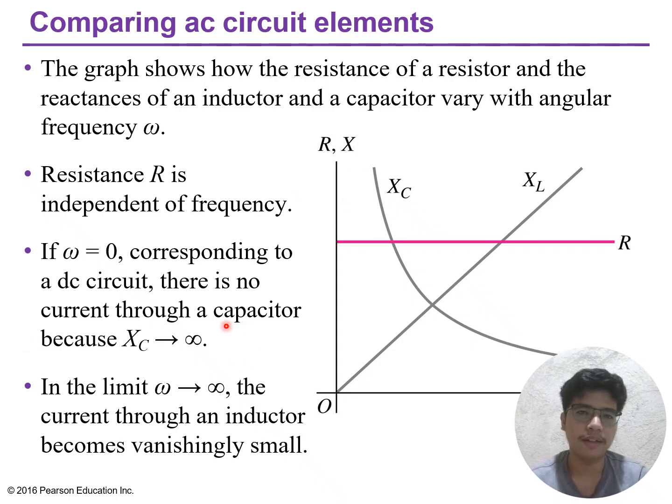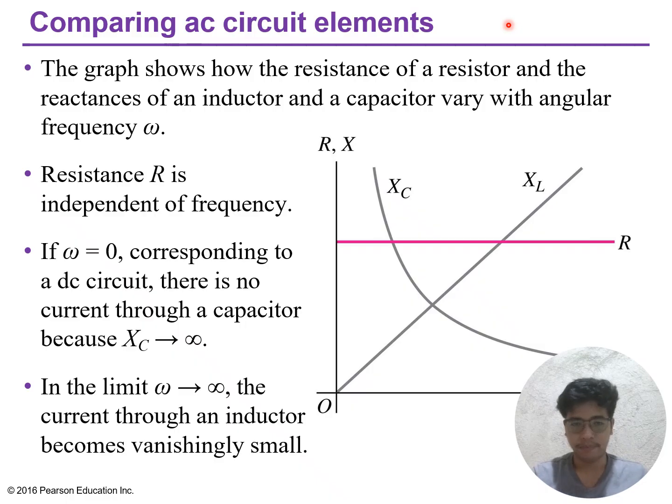Resistance R is entirely independent of frequency, appearing as a horizontal line at a constant value on the graph. This fundamental property means resistors behave identically at DC, 60 Hz AC, or megahertz frequencies.